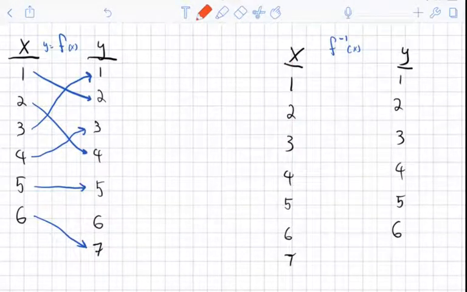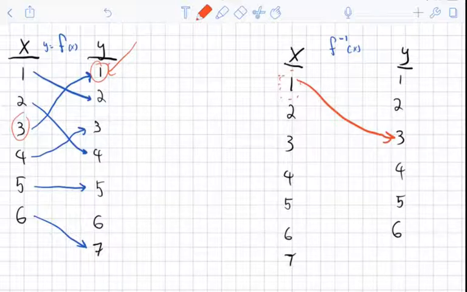All right. So what I'm going to do is look up each of these terms in this column and then follow it back. So this 1 over here goes to 3. So I'm going to connect 1 and 3. This 2 connects to the 1. 3 connects with 4.